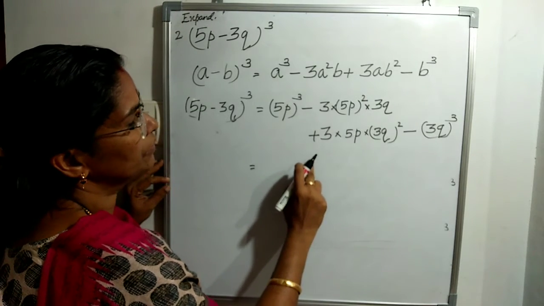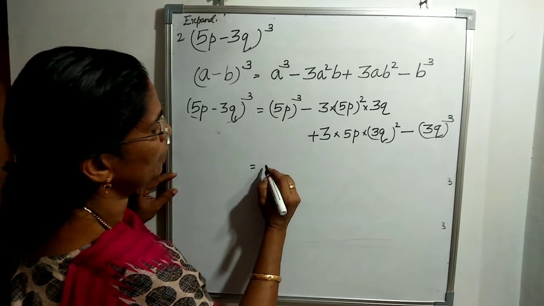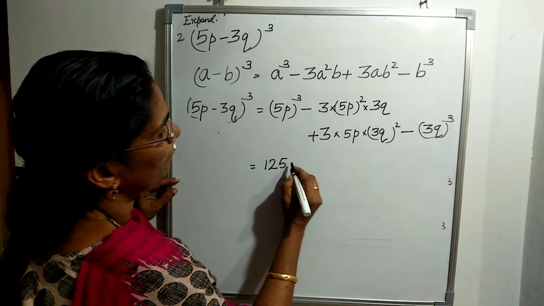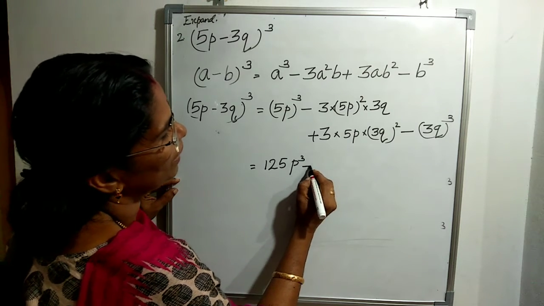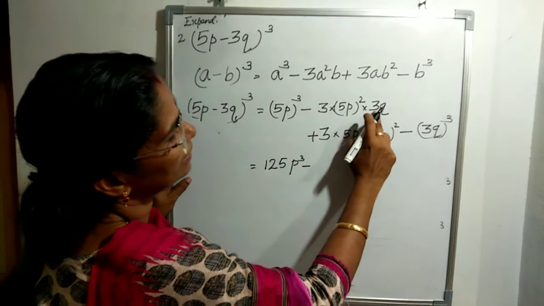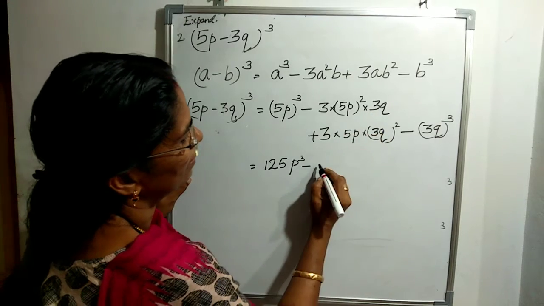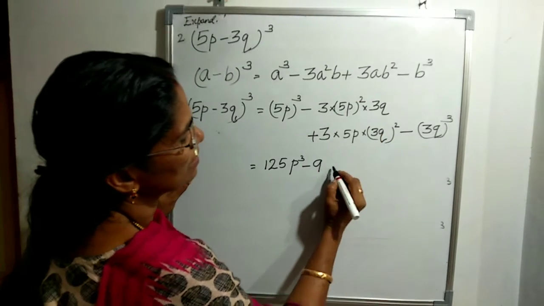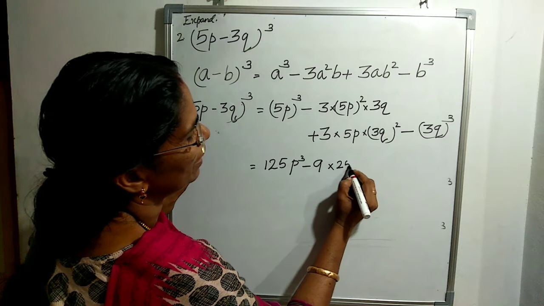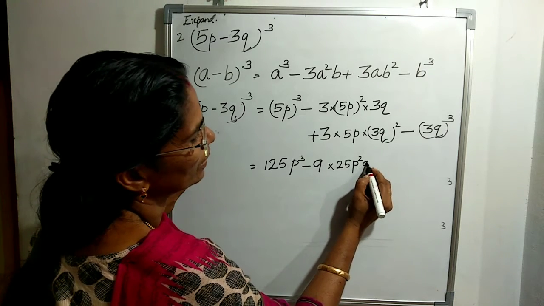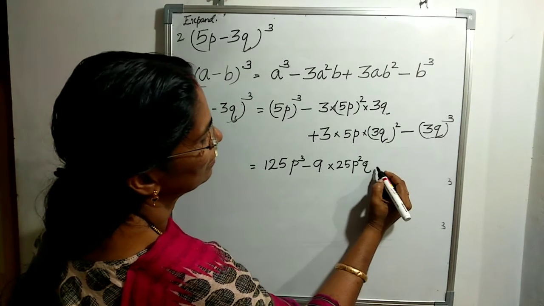5 cube: 5 into 5 is 25, 25 into 5 is 125, so 125 p cube minus. First check 3 and 3 here, it is 9. 5 square is 25 p square, and one variable also there.